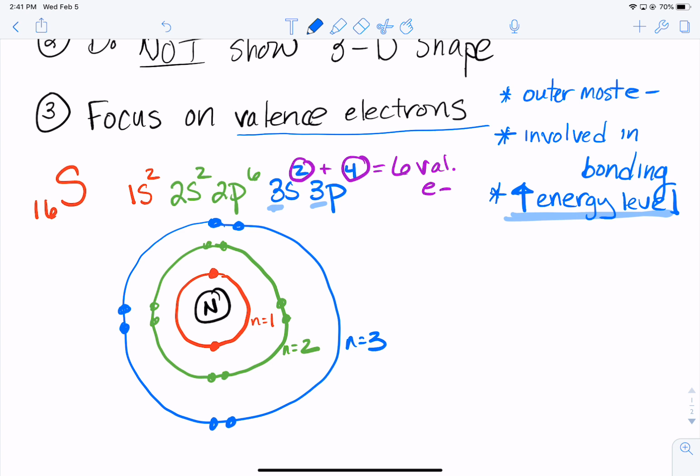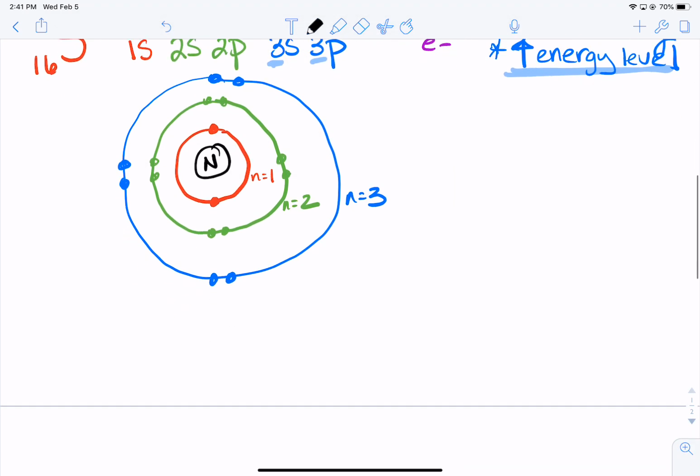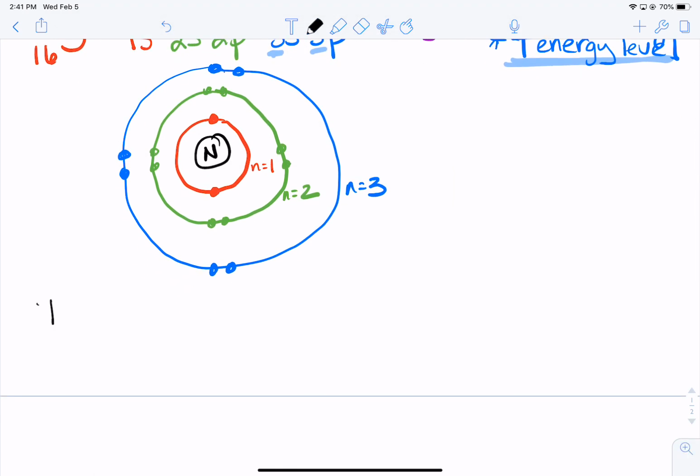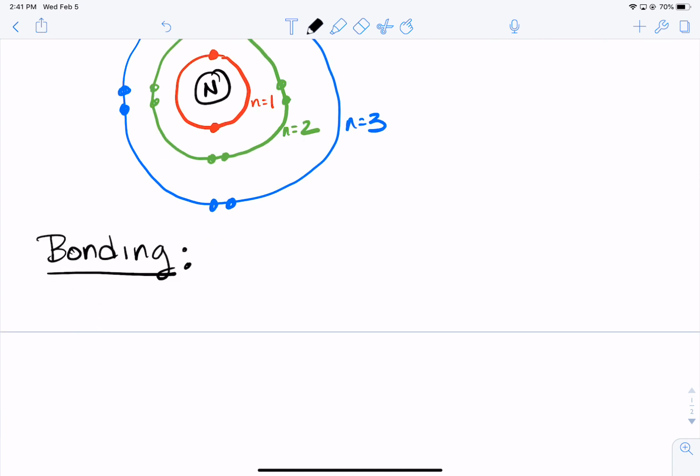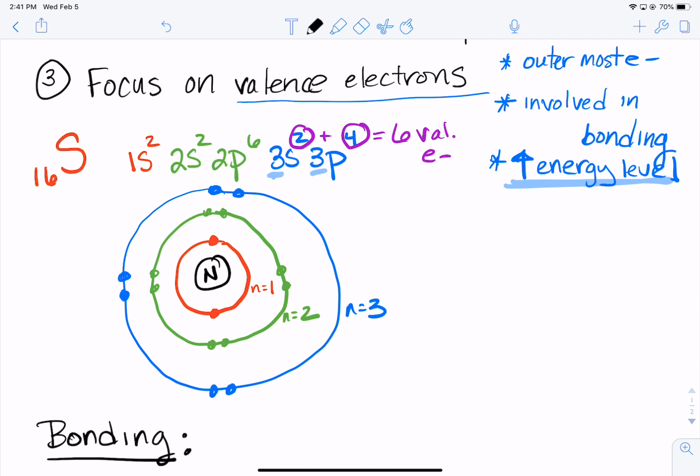So when I talk about this idea of charge, what I'm talking about is bonding. So let's do a little refresh about bonding. There are 2 types of bonding. We have ionic, and do you guys remember the other type of bonding? What do we call it?